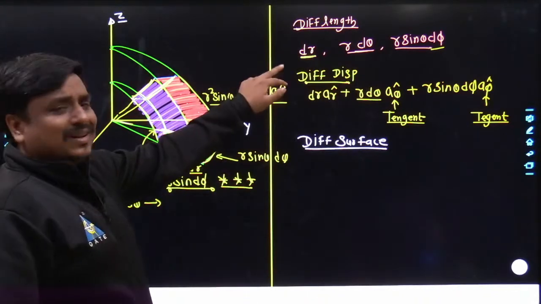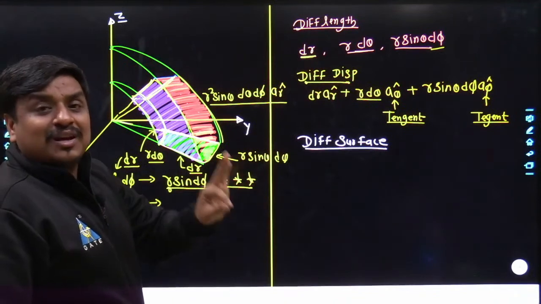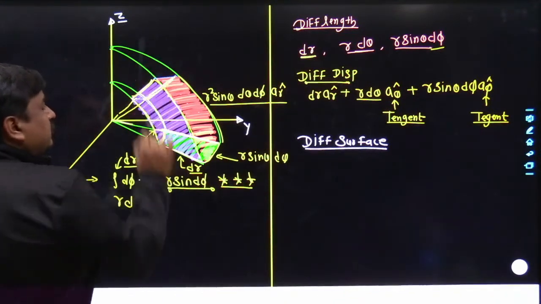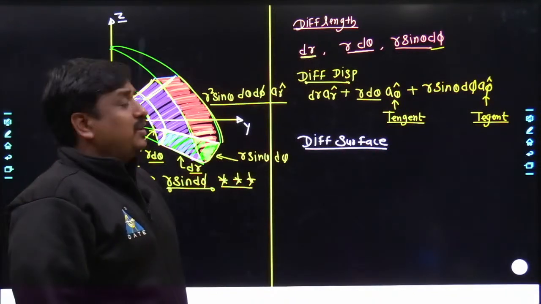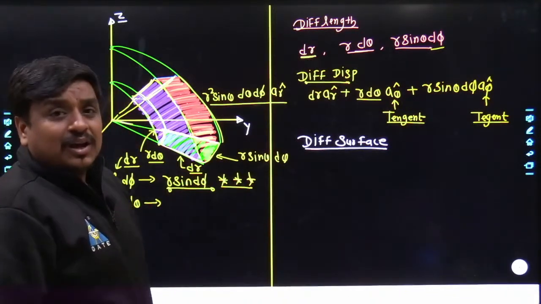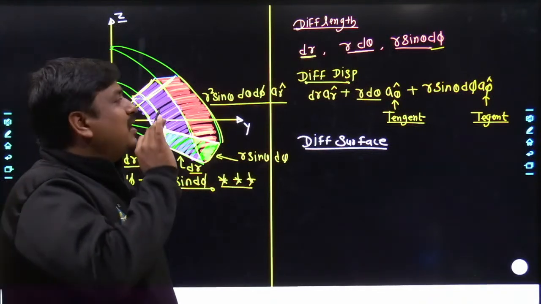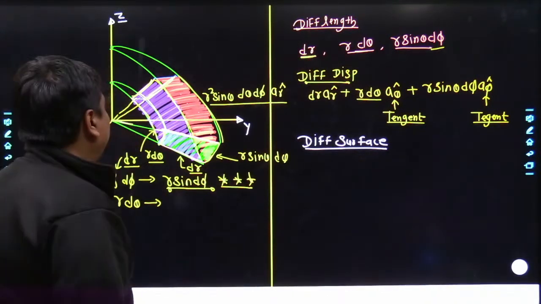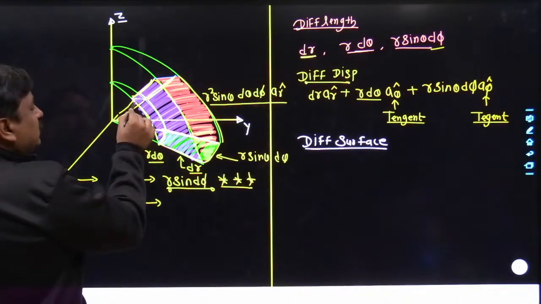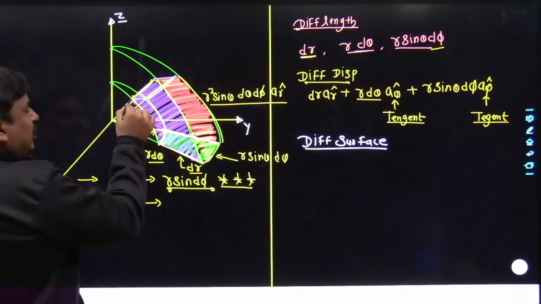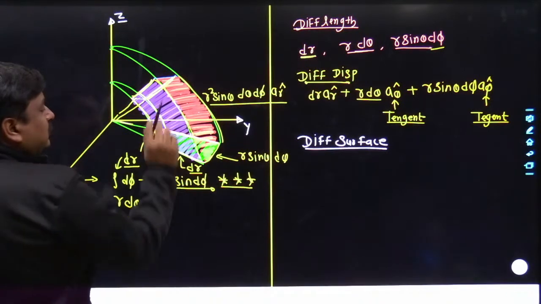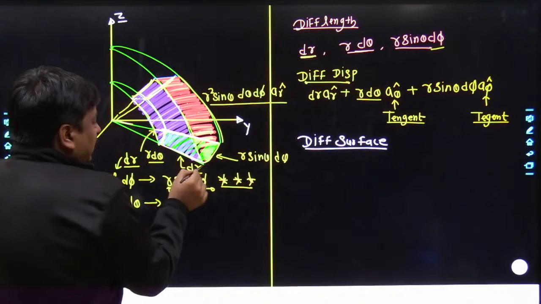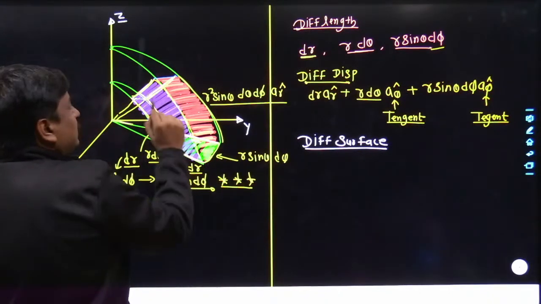If you want to locate them, you can easily locate them. My dear friends, what is dr? Dr is the differential length because of the change in r. You can see very well, they are dr. And similarly, if we talk about r d theta, what does it mean? R d theta is nothing but the differential length because of the change in a small elemental theta, and you can see very well, this is nothing but r d theta.